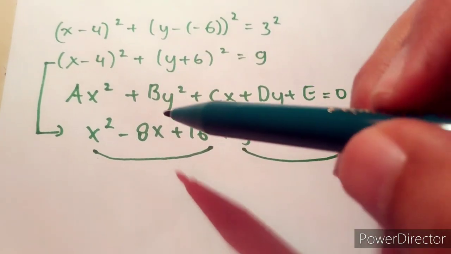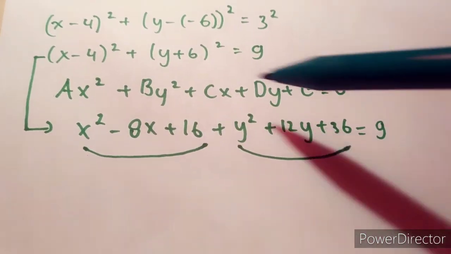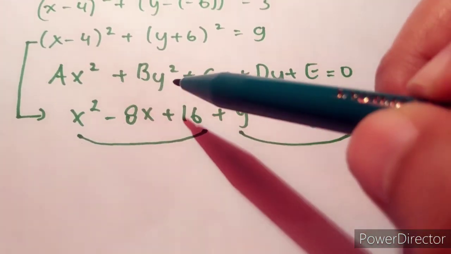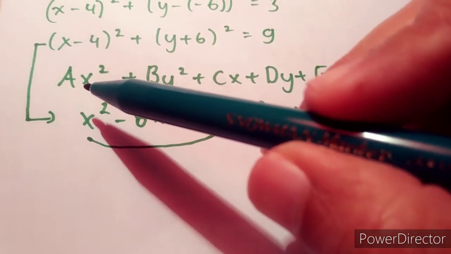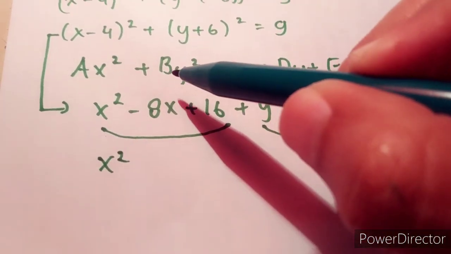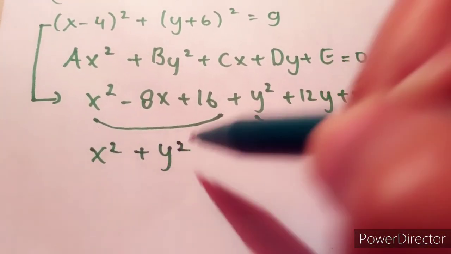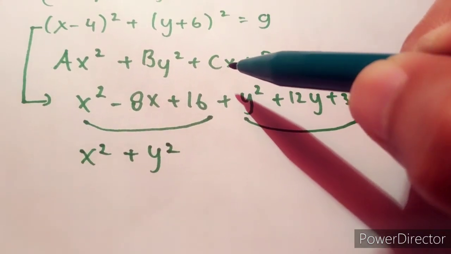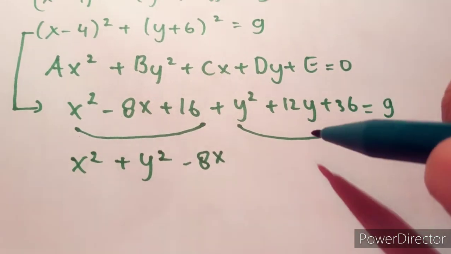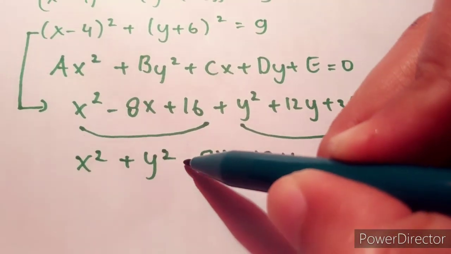Since we need to make it the same as the general form of this one, let's make the order the same. The first is x squared, so it's right there. The second one belongs to the y squared, so it's here. The next one belongs to x, and the next one belongs to the y only, with the coefficient, of course.